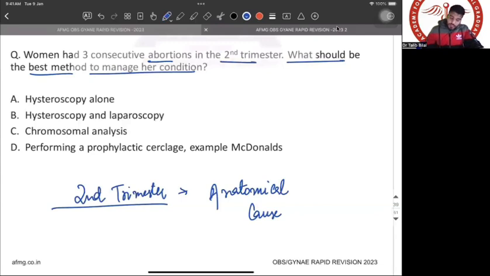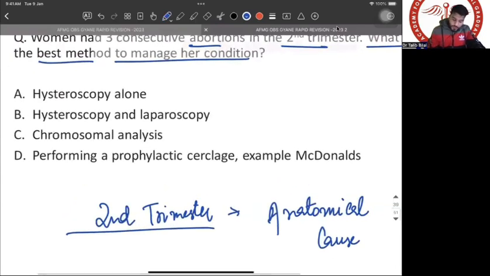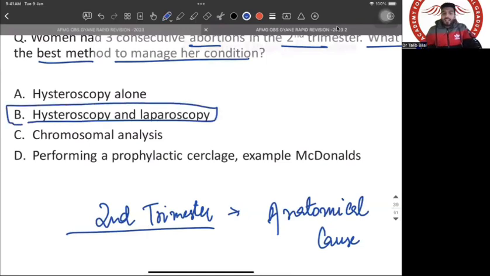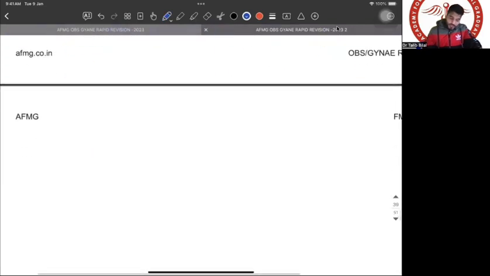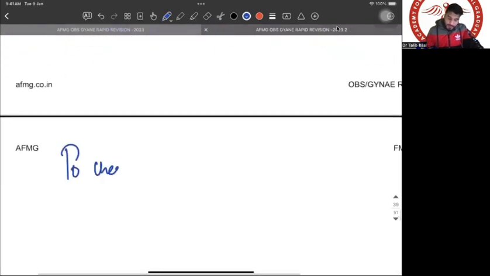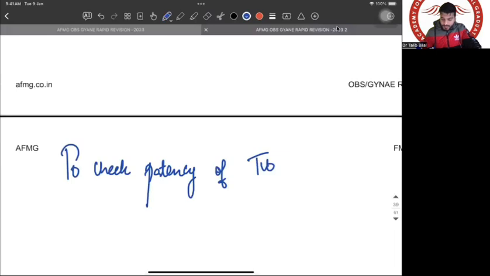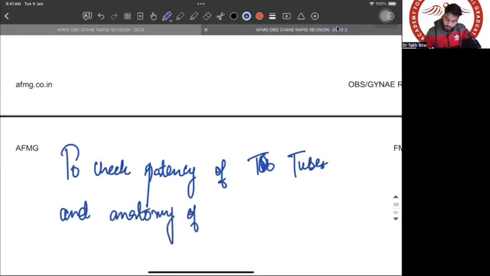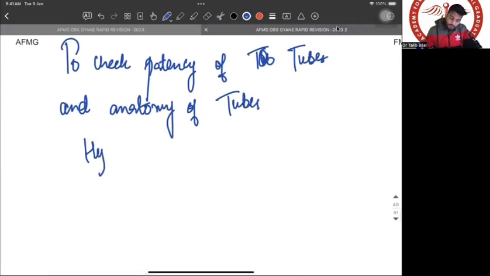To check the patency of the tubes, we go with hysteroscopy and laparoscopy. So the best will be hysterolaparoscopy, guys. To check the patency and anatomy of the tubes, we go with hysteroscopy plus laparoscopy.